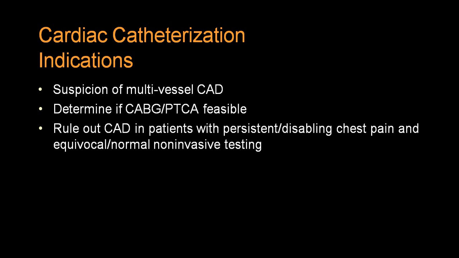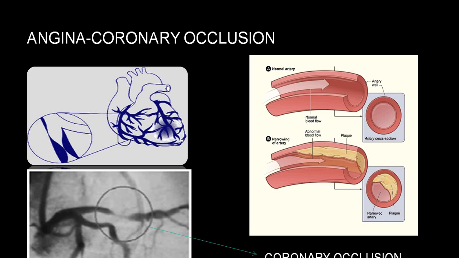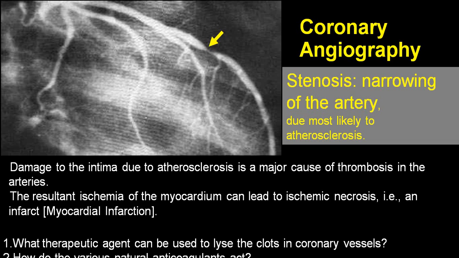And if that is not possible, person can be subjected to CABG. Even while doing a cardiac catheterization, you can also record the pressure gradients. In case of an acute coronary occlusion, you can go for thrombolysis. Coronary angiography will show you the exact site of narrowing of coronary blood flow.